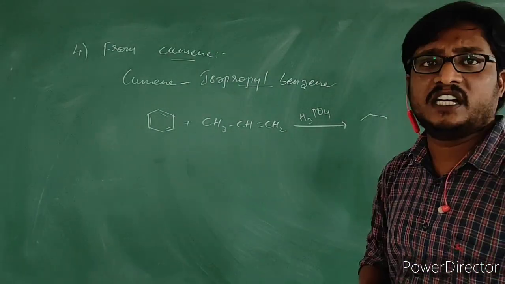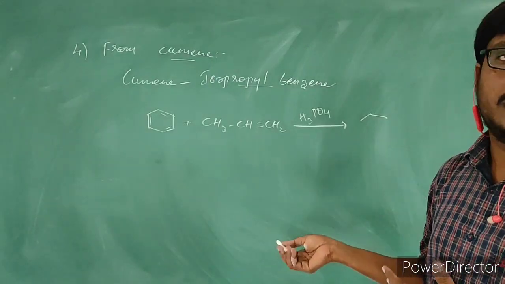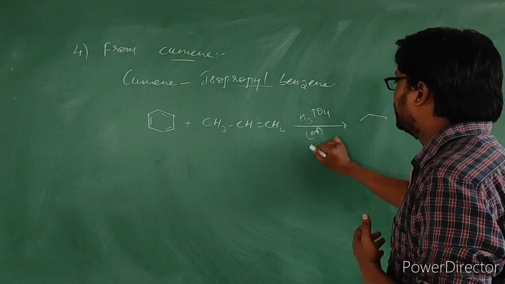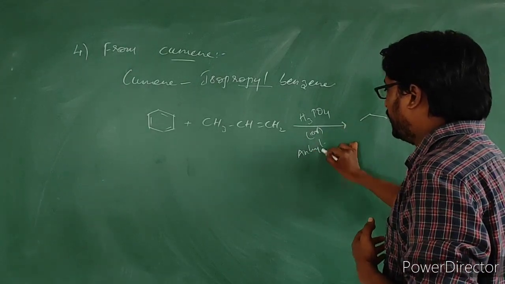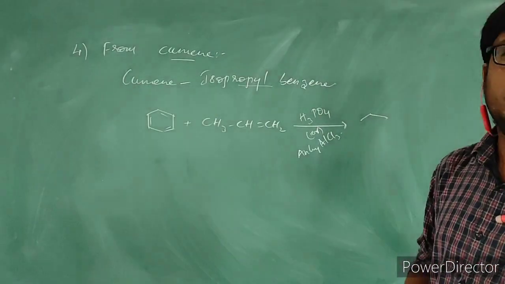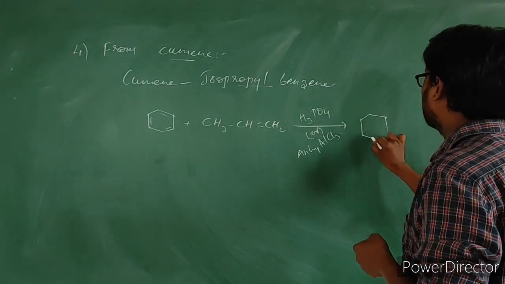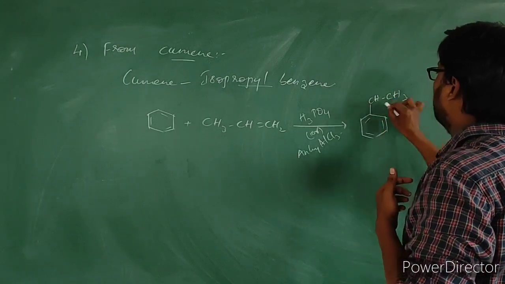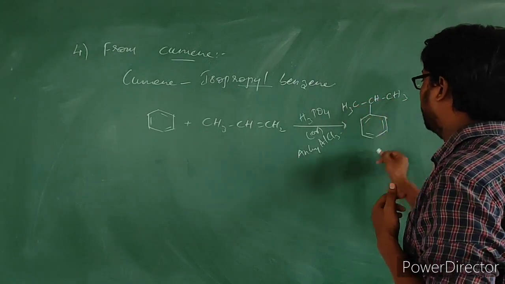We can also consider anhydrous aluminum chloride instead of H3PO4. Then isopropyl benzene gets produced.